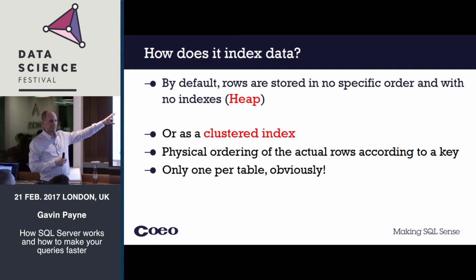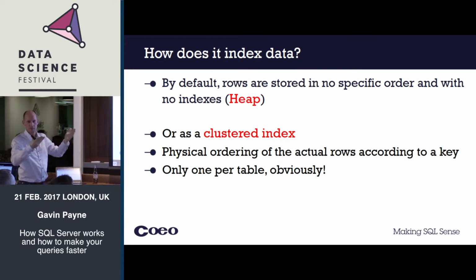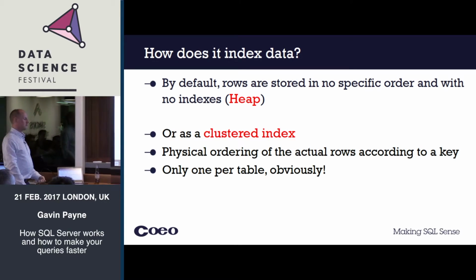A clustered index, although it's called an index, is actually the table. So you can either have a heap or a clustered index, and you can only have one clustered index on a table because it is the table. Most databases will have most tables created with a clustered index because it's a good performance benefit.